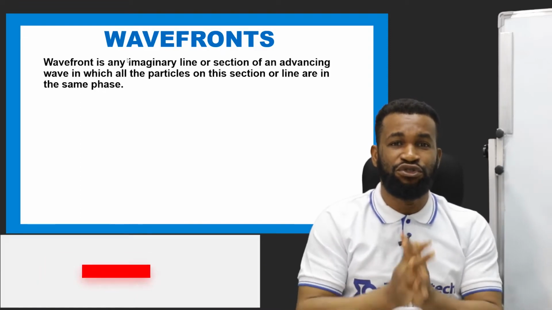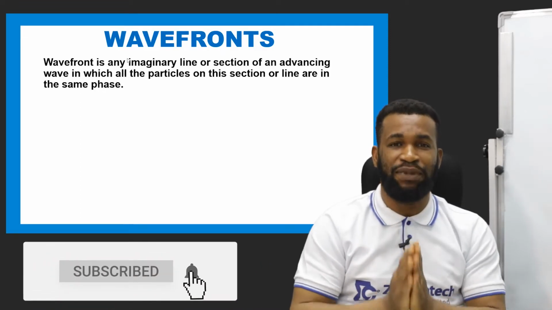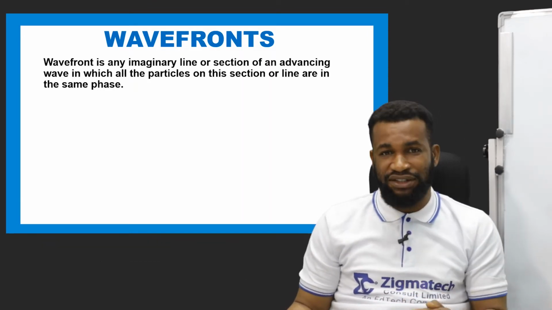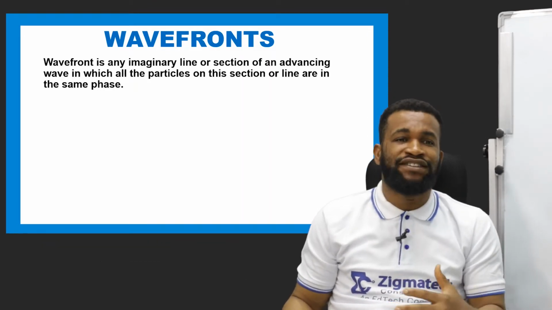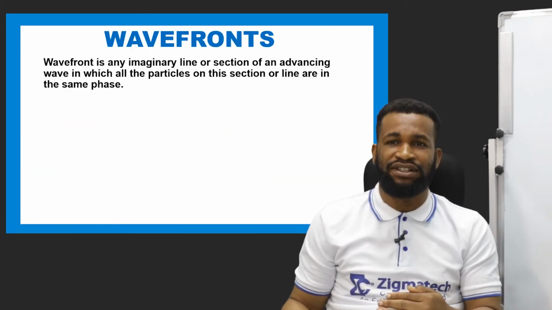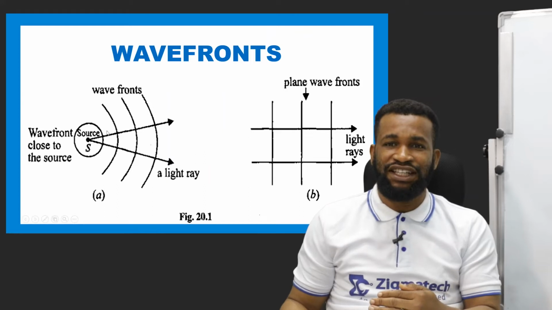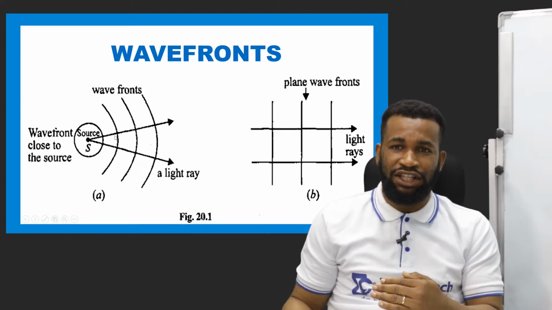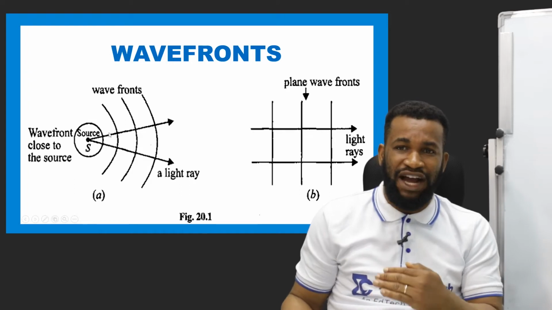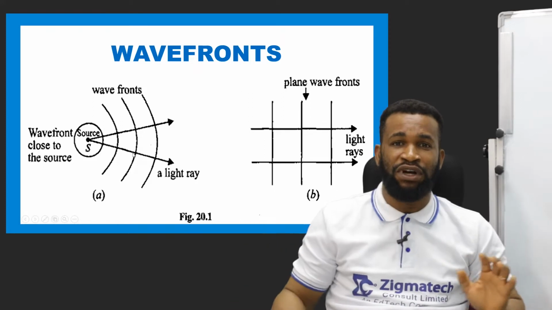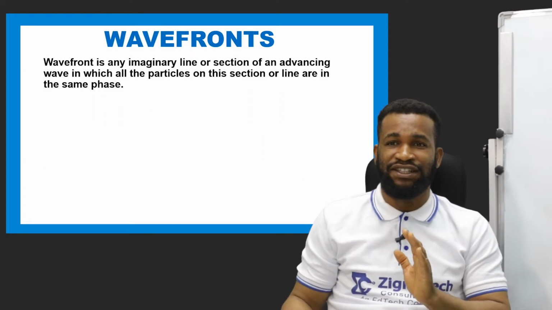All these waves, your eyes do not have the capacity to detect them. So a wavefront is an imaginary line or a section of an advancing wave. Look at what I mean by advancing wave. That means it started from this source, the first thing that produced the wave. Then they keep on advancing, moving from one place to the other and spreading far away. That is what we mean by advancing.